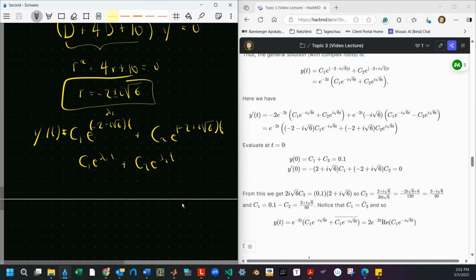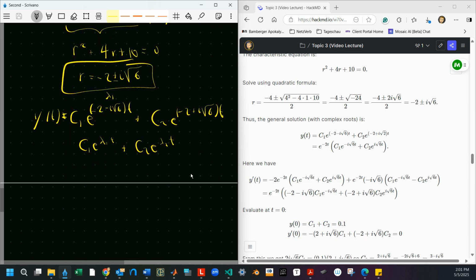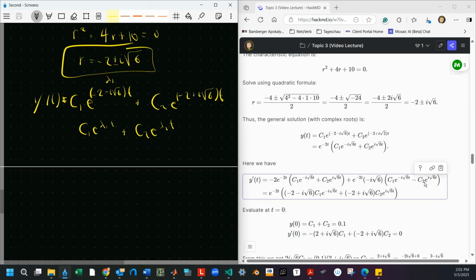And then you just have to find C1 and C2. So it's not completely trivial. So let's just rewrite y of t. The e to the minus 2t I can pull out.